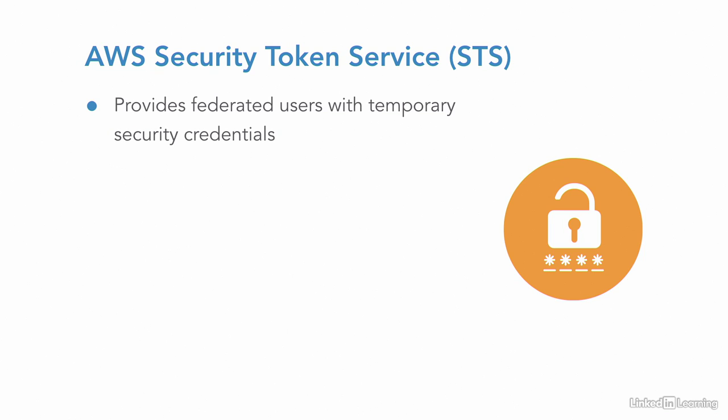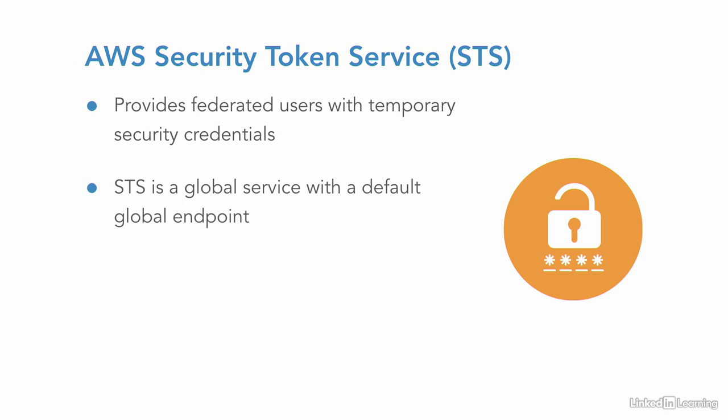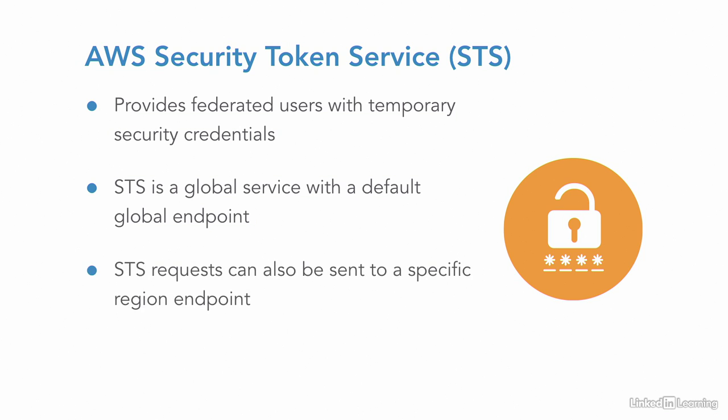If they match up, then the Security Token Service is going to provide a set of temporary security credentials for that externally authenticated user. The Security Token Service has a default global endpoint, but I can make requests at a specific region location if I'm operating within that AWS region.